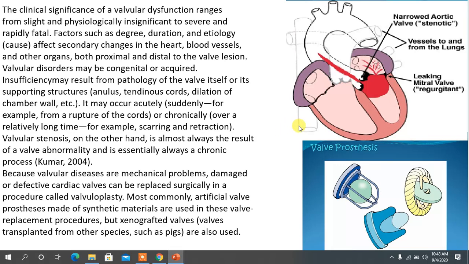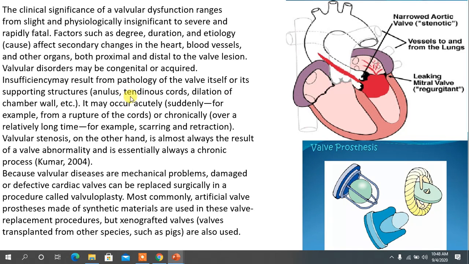And valvular disorder may be congenital or acquired. Insufficiency may result from pathology of the valve itself or its supporting structures, annulus, tendinous cords, or dilatation of the chamber wall. These are the additional factors which can lead to pathology.